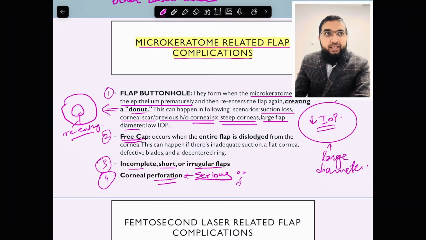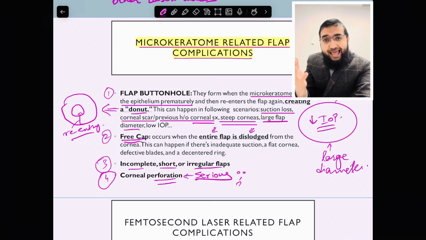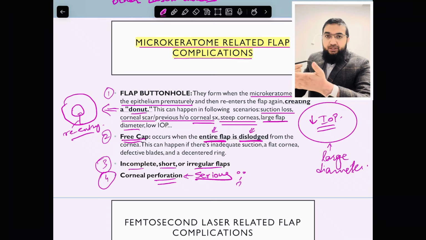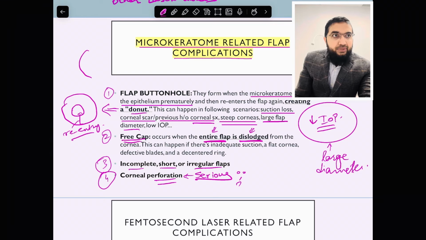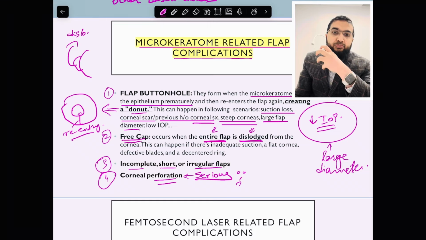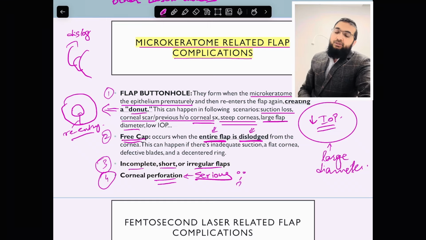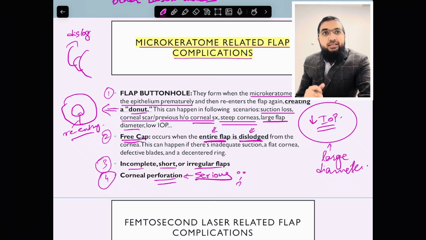And free cap does happen sometimes, when the entire flap is dislodged from the cornea. This can happen if there is inadequate suction during the LASIK surgery, or there is a flat cornea, or there are defective blades being used for that surgery, or there is a decentration of the ring that we are dealing with.